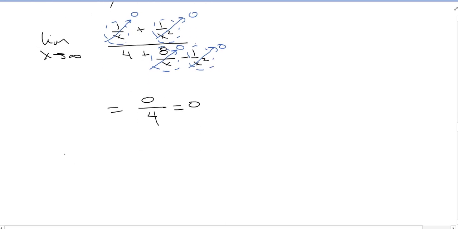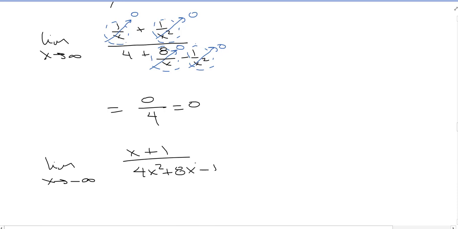The same thing can be said as x goes to negative infinity. The limit as x goes to negative infinity of our function is also going to go to 0, because we can do the same work. Whenever I'm dividing by the x squared, I can think about doing it for plus or minus infinity.